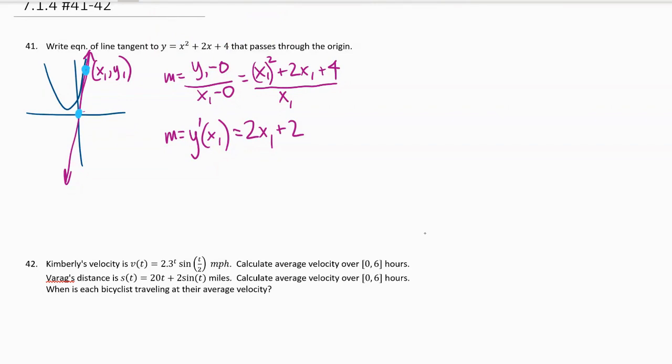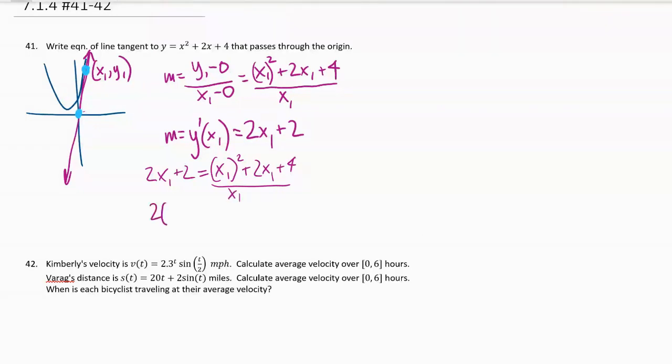So I found these two forms of my slope, and I can set them equal to each other. So 2x sub 1 plus 2 is equal to x sub 1 squared plus 2 times x sub 1 plus 4, over x sub 1. Multiply both sides by x sub 1.